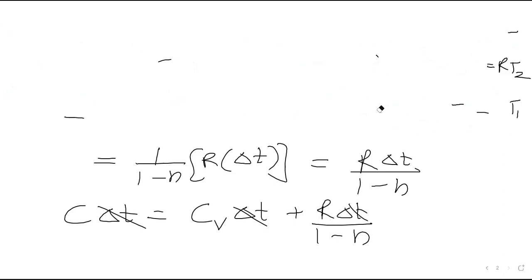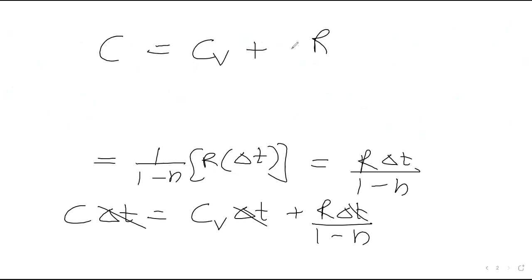We are just near to our result. It's not that great a result at all. I never said that. But we get C is equal to CV plus R upon 1 minus N. That N is the index for that polytropic process. It's constant. This is N.